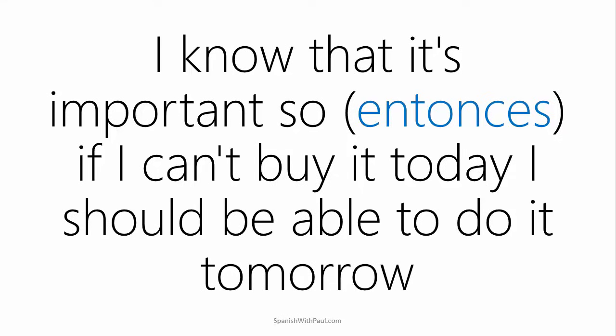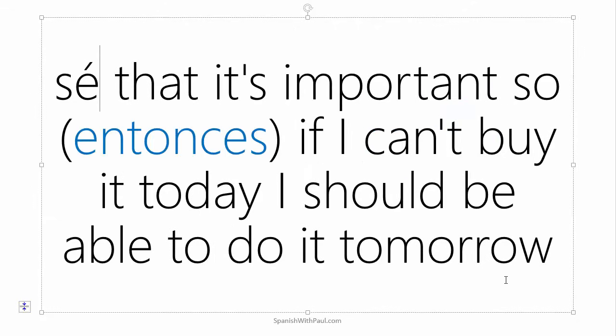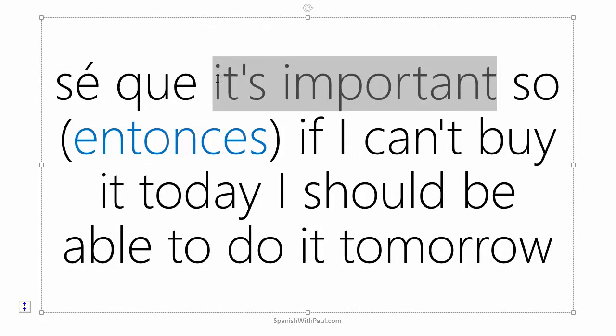Here's the answer for you. I'm actually going to do this one live so that you can see exactly how to place one building block on top of the other. So we start off with this word, I know, which is sé. The word for that is que. And then we have it's important.